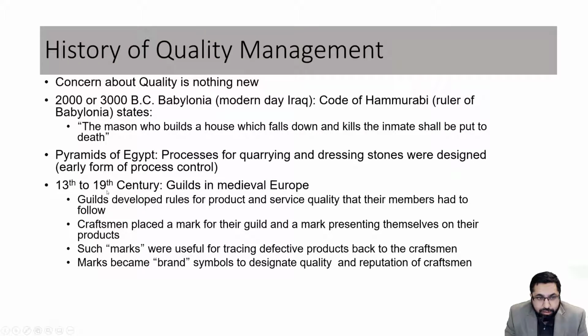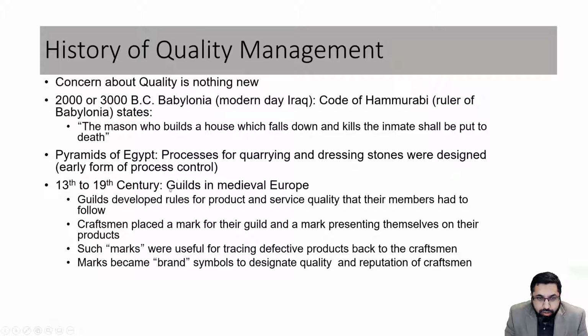Then in the 13th to 19th century, quality management became built into guilds.